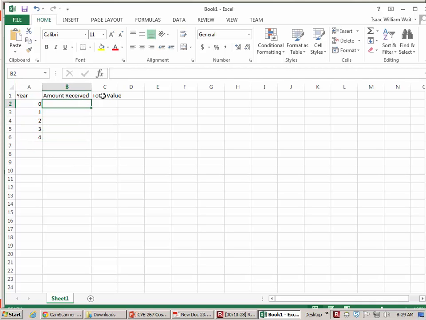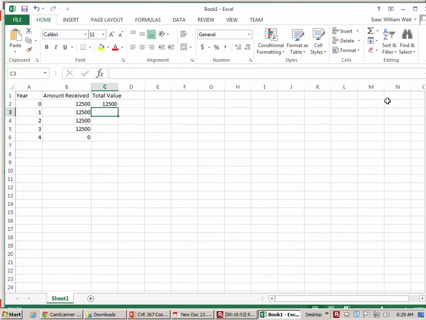And we receive 12,500 each time, 4 times. Okay, and then we don't receive any amount there. And so in year 0, all I owe so far is this. Okay, now what should I do for this cell?